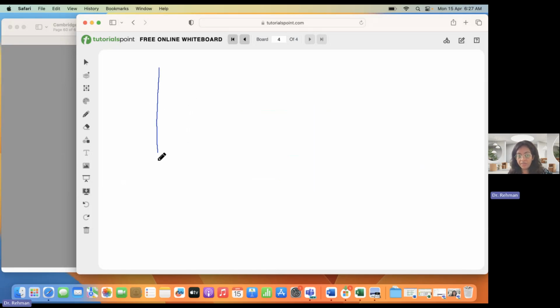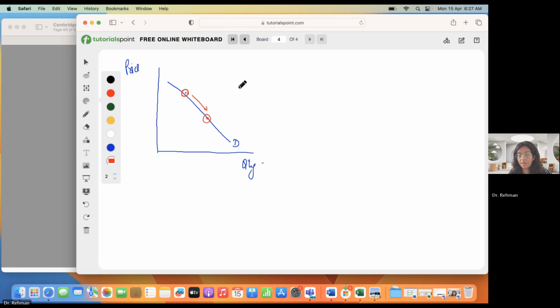There is one movement. This is the demand curve. This is price. This is quantity. At the moment, let us say that my demand is somewhere here. Now, if the demand moves from here to here, this movement is called movement along the curve.